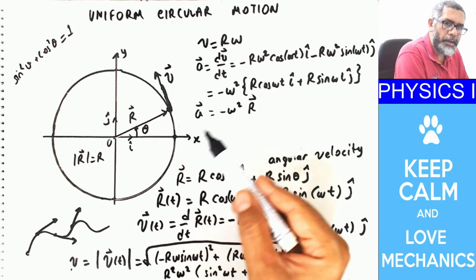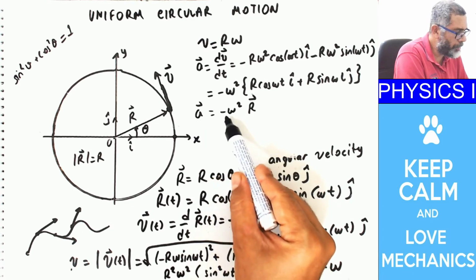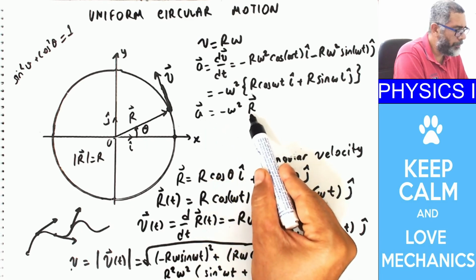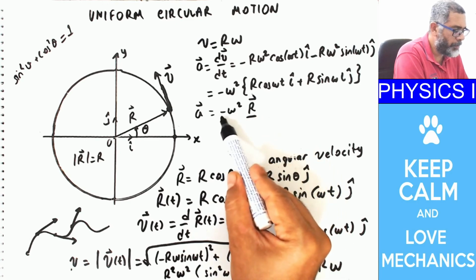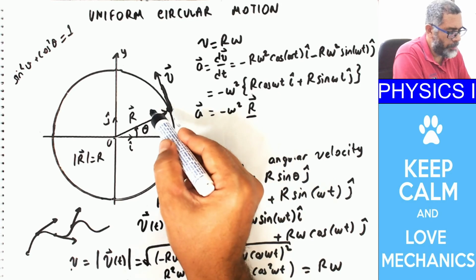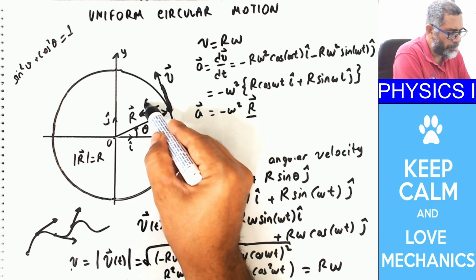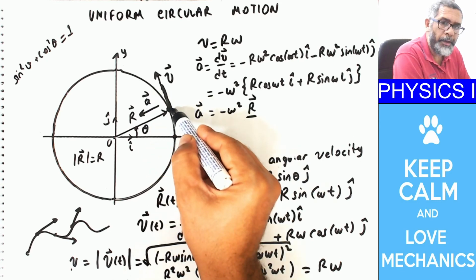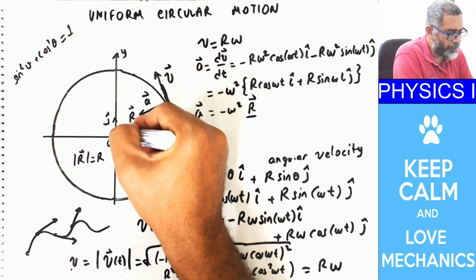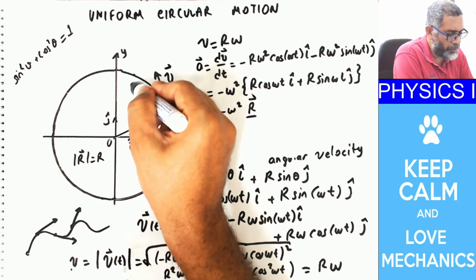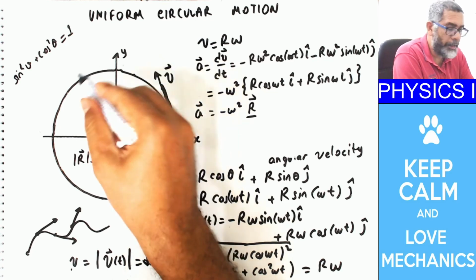This immediately tells you about the direction of the acceleration vector. It's just the inverse of the direction of the position vector, because we have a minus quantity in front of it. So the acceleration vector will be toward the center at any point of the motion. If the object comes over here, the position vector is going to be this one, and the acceleration vector is going to be just the inverse of the position vector at any point.